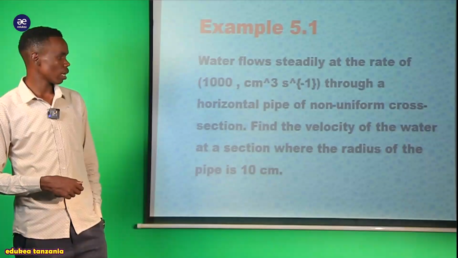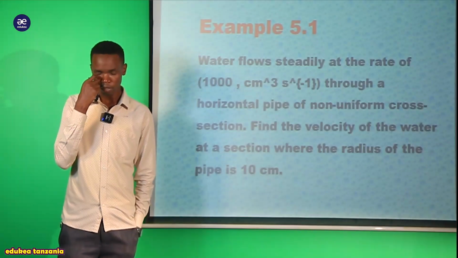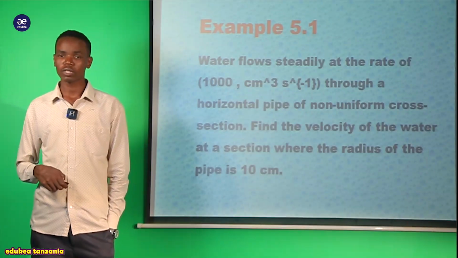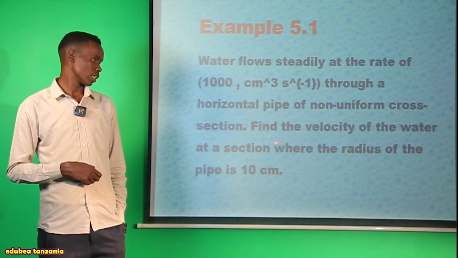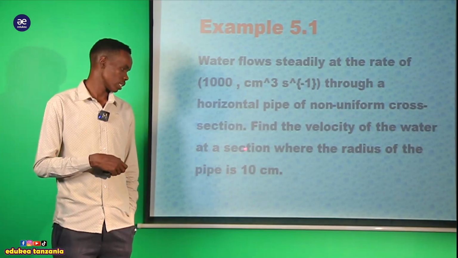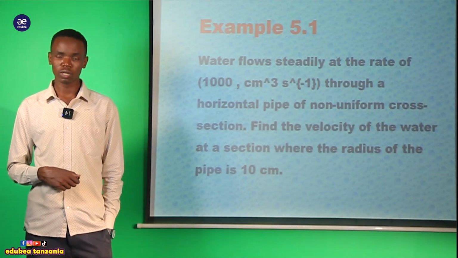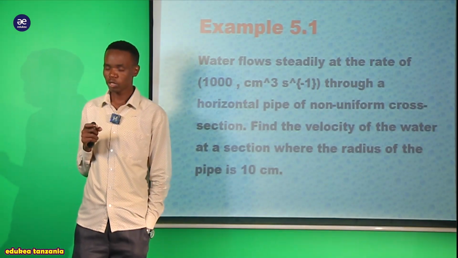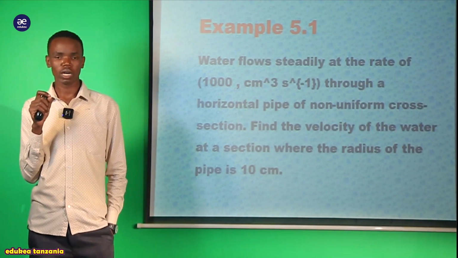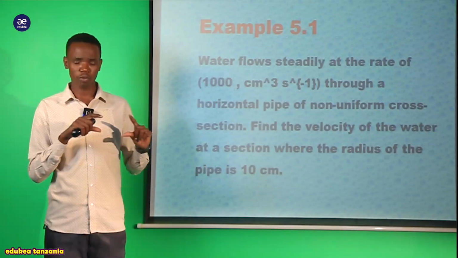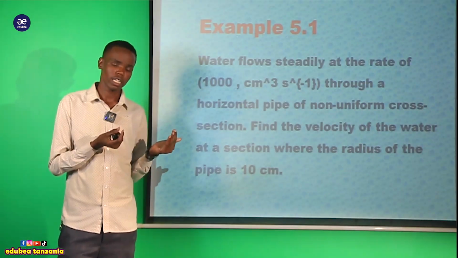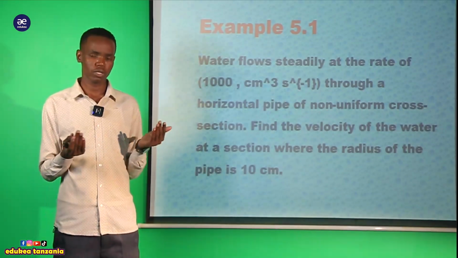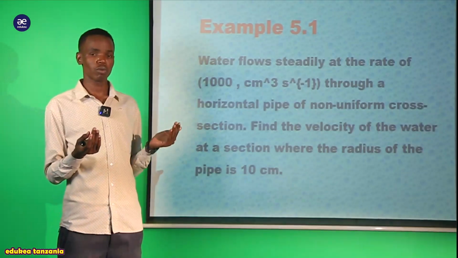Now, how can we find the velocity of water at a section where the radius we have been given is equal to 10 centimeter? Kwamba tuna amount of water, tuna kiasi cha maji, na kile kiasi cha maji kina flow horizontally kwenye ile non-uniform cross section.